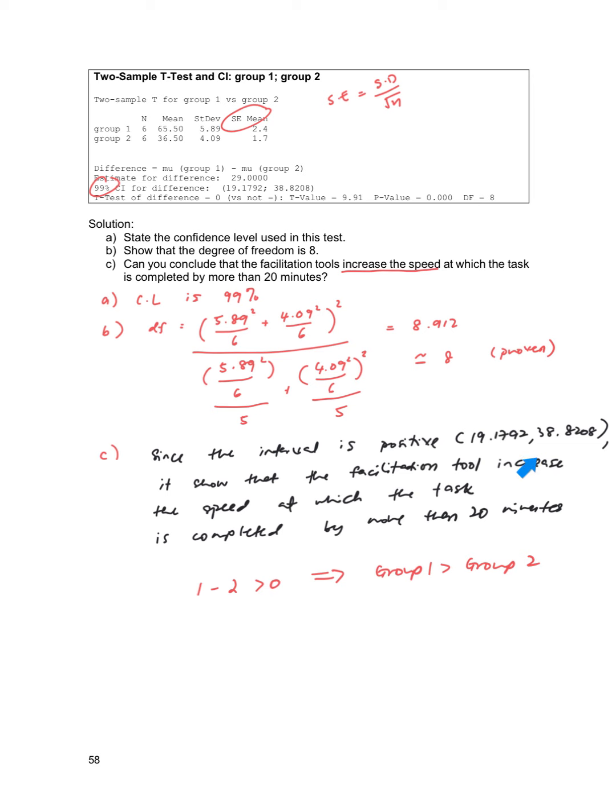But if you get negative values, it means a small value minus a big value, that's why we get negative. Here it is a big value minus a small value, group 1 is bigger than group 2, so that's why we get a positive result. But in terms of time, if the value of time is smaller, it means it is faster. That's why we say the speed was increased.